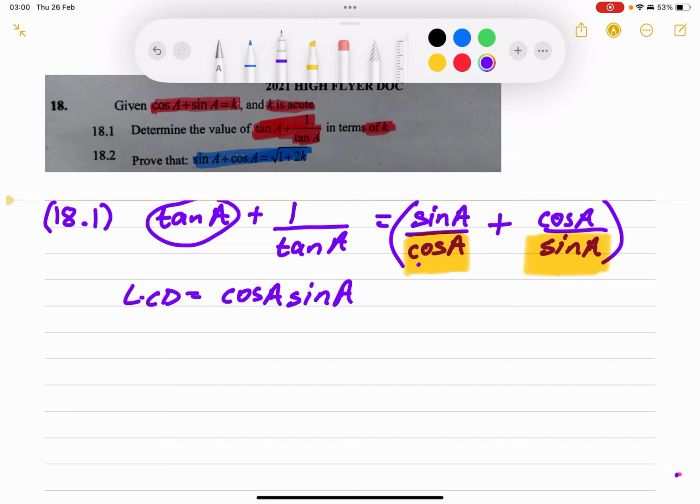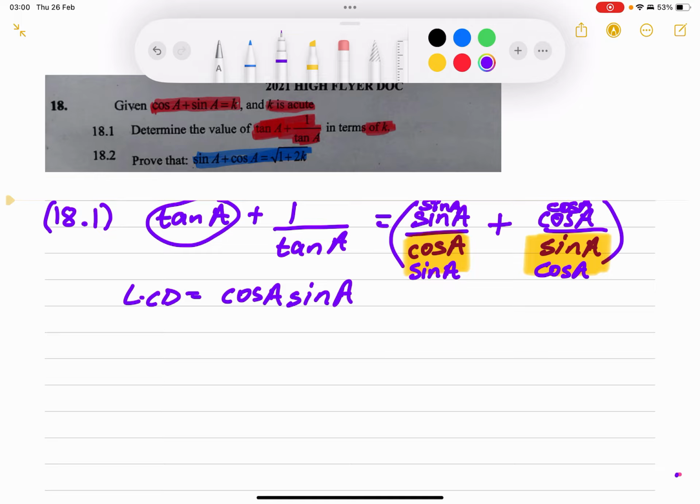Here I need to multiply by sine A, so that I can have cos A and sine A. Here I need to multiply by cos A, so that I can have the same as the first fraction. Whatever I multiply at the bottom with, I must multiply the top with. So here I'm going to multiply by sine A. Here I'm going to multiply by cos A.